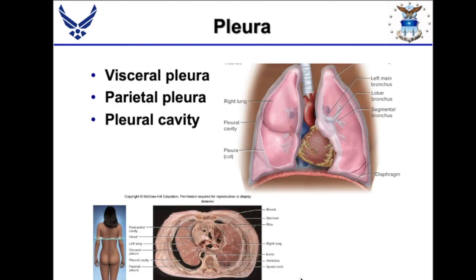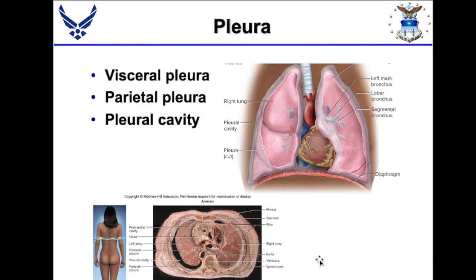When we talk about the pleura of the lung, there's two. There's the visceral pleura, which follows right along the lung, and then there's the parietal pleura, which lines the thoracic cavity. These two pleura have a potential space in between them, so there is no actual space in normal day-to-day life.